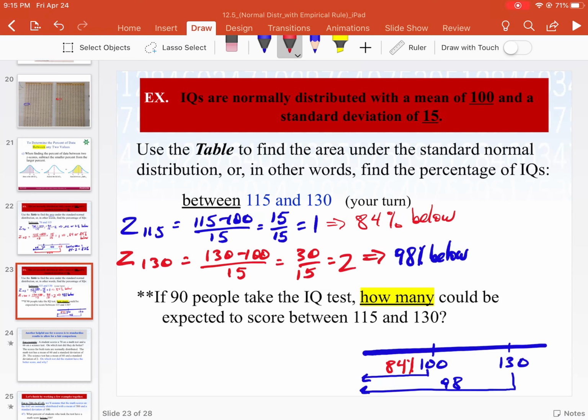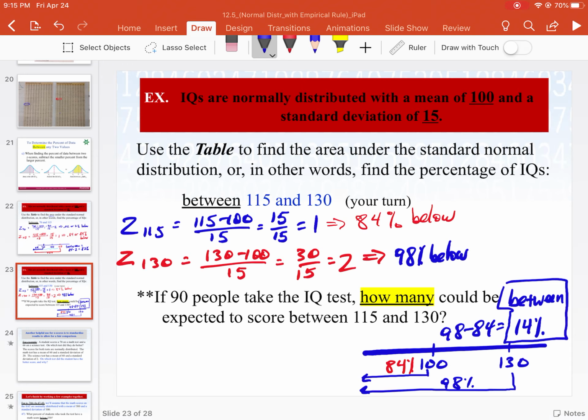So what's between that? What's the difference? What's 98 minus 84? 14. So 14% is between.